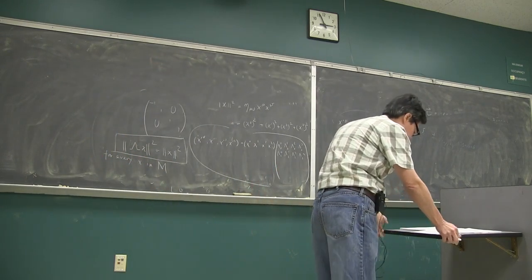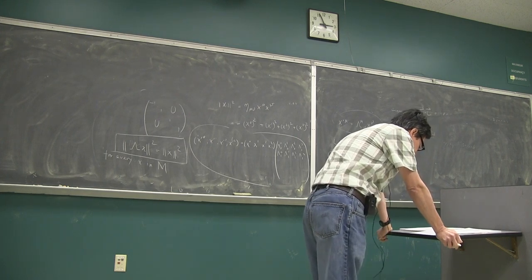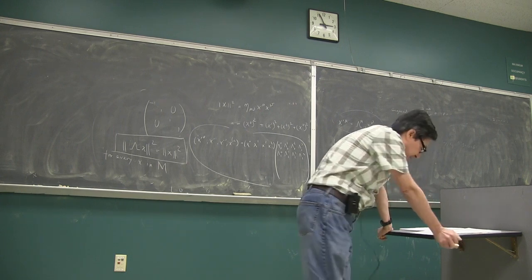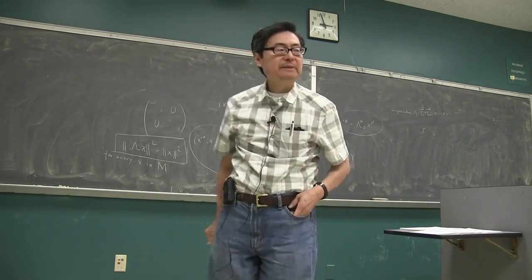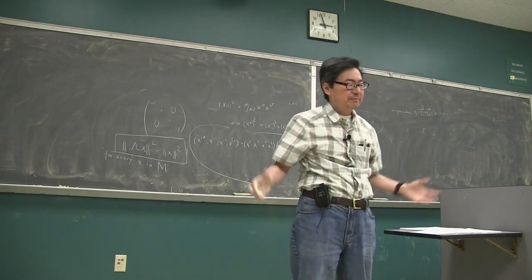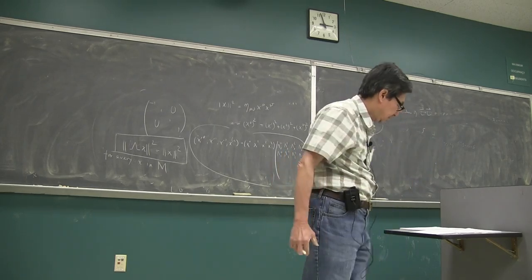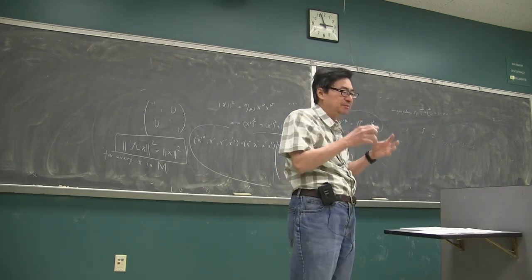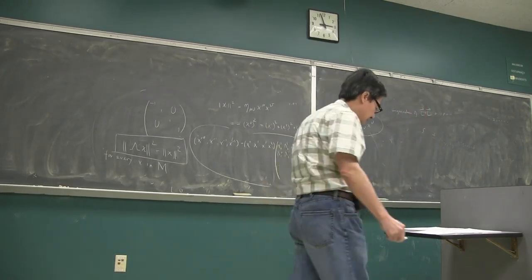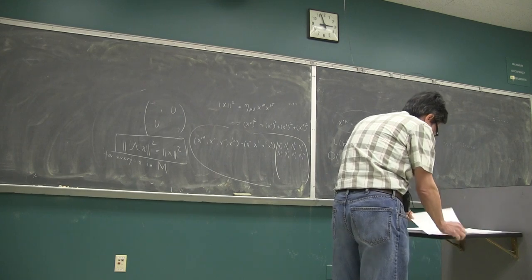Now, to do this properly requires a new mathematical concept, which is called a semi-direct product of two groups. We think of this group, which is composed of a product of two groups, one of which is the translation, and the other is the rotation, which is the Lorentz transformations.